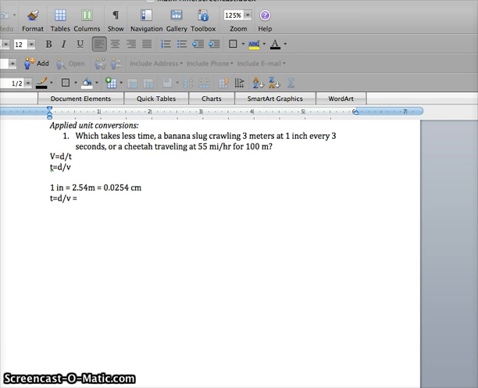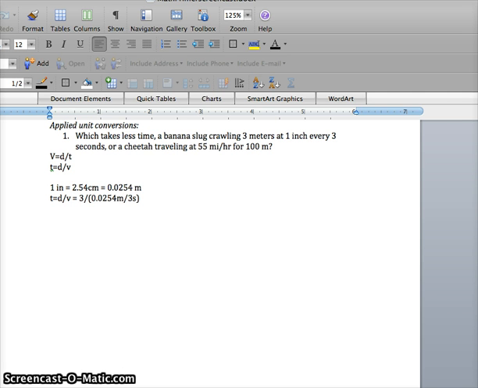When we want to find the time, time is distance divided by velocity. The distance is 3 meters. I got that mixed up: 1 inch is 2.54 centimeters, which is 0.0254 meters. So distance divided by velocity is 3 meters divided by the velocity, which is 0.0254 meters per 3 seconds.